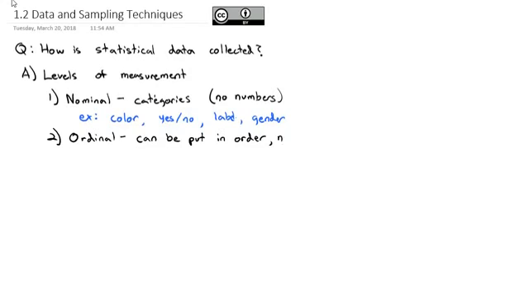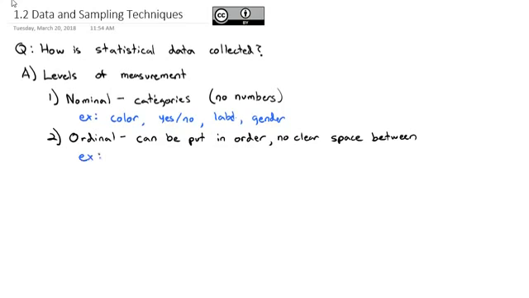However, with that order, there is no clear space between the data values. In other words, we can say A comes before B, but we don't really care how much before B. The space between A and B might be different than the space between B and C.